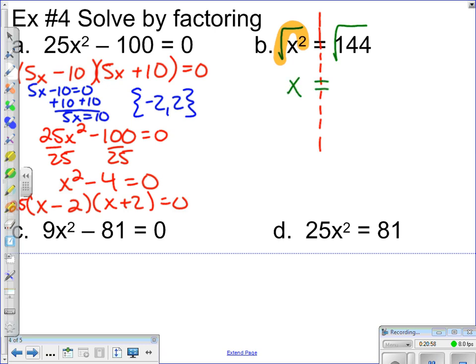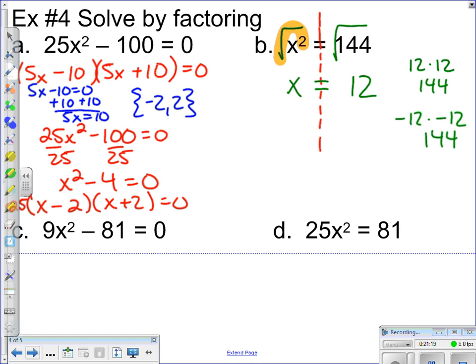Now the square root of 144 is 12. But there's also another number that when multiplied will give you 144. You see 12 times 12 equals 144. But negative 12 times negative 12 is also 144.